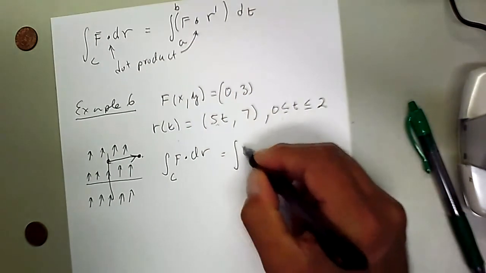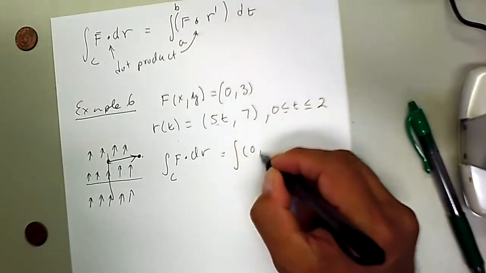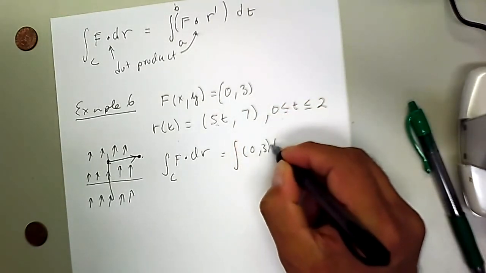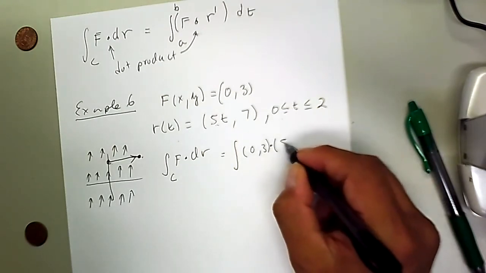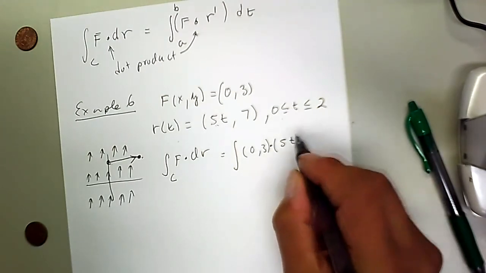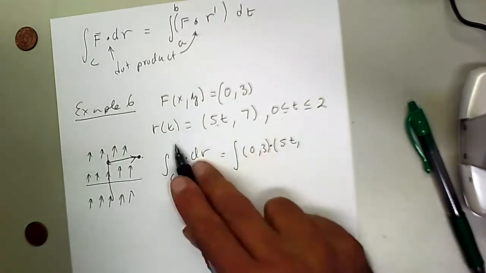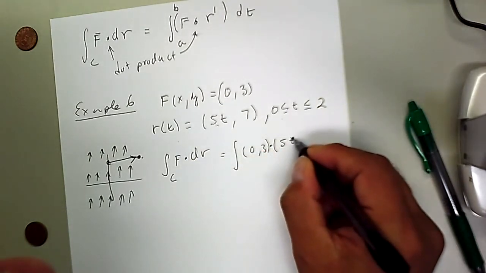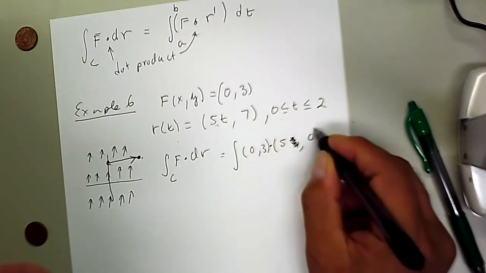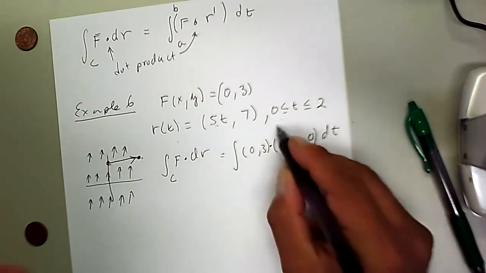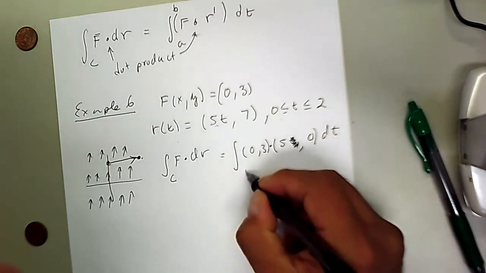where we are going to do the dot product of <0, 3> with <5t, 7>, oh no, the derivative. So just <5, 0> dt as t goes from 0 to 2.